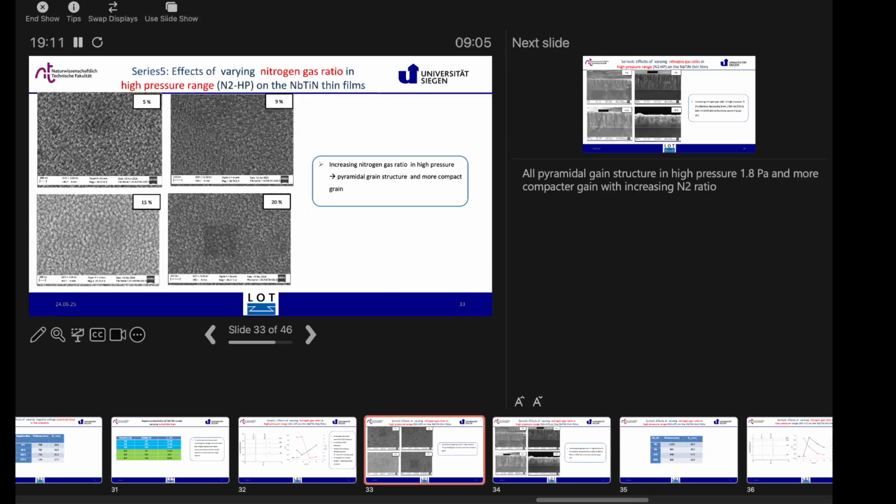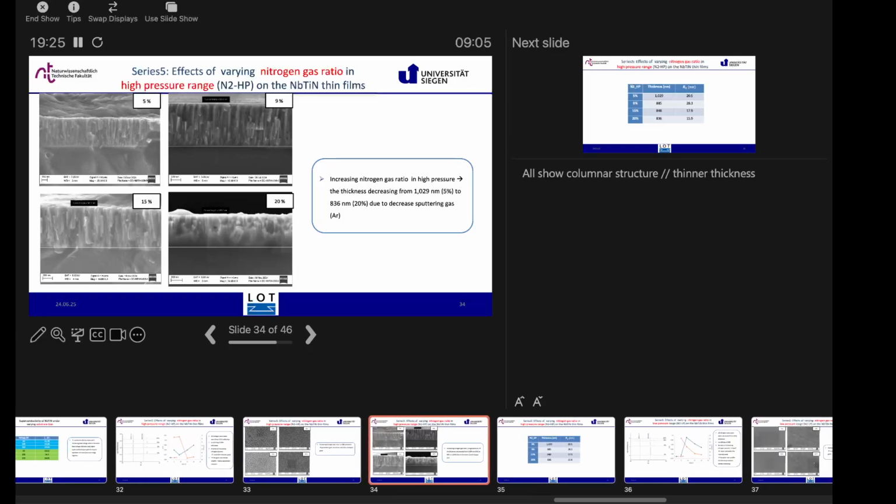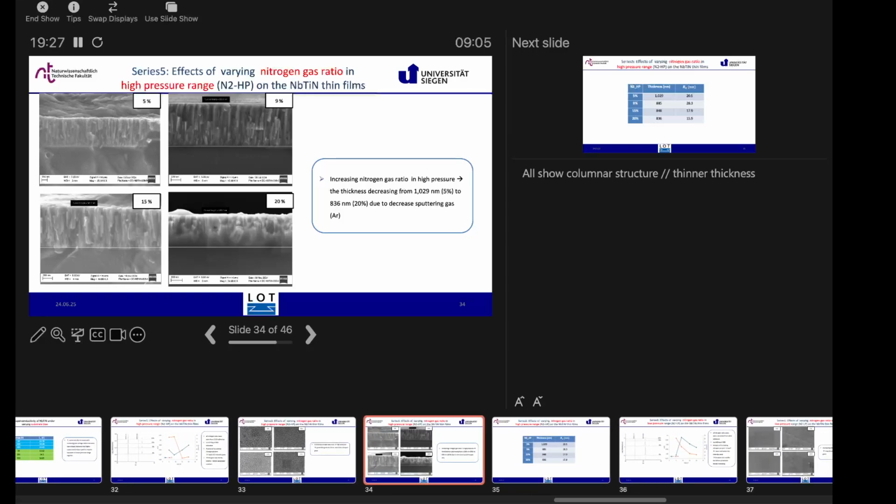For nitrogen gas in high pressure, the surface analysis shows a pyramidal shape, but with increasing nitrogen gas ratio in high pressure, we got a more permeable grain structure and more compact grain. For the cross-section analysis, in all cases we also got columnar structures with a thinner thickness trend.